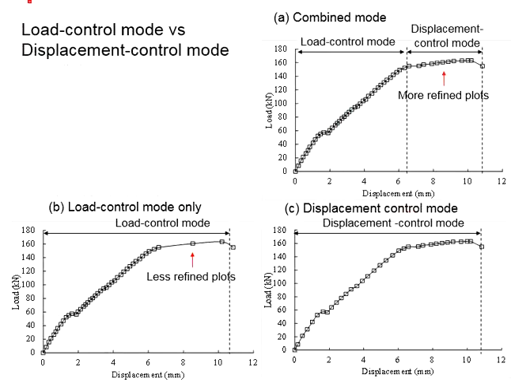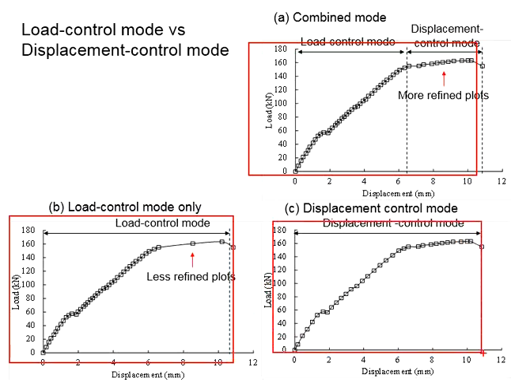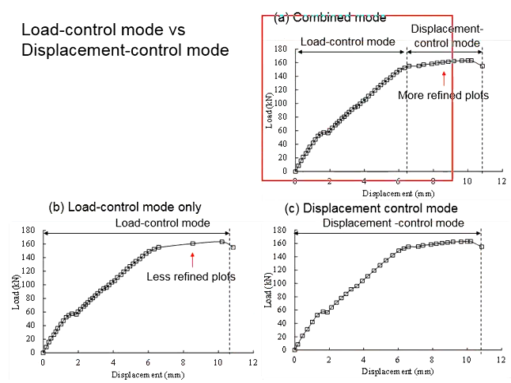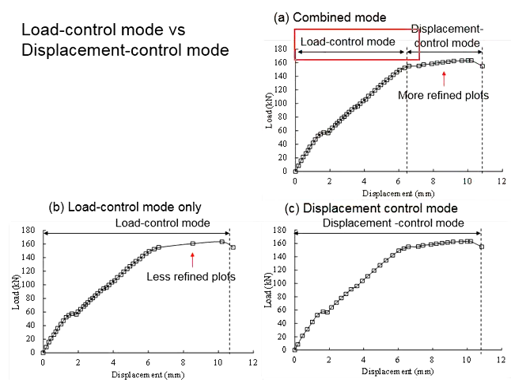This slide compares the different modes that you use during the testing, which will affect the load displacement curve. The first method here is a combined mode, where you start with the load control mode and followed by the displacement control mode. Normally at the early stage, the displacement develops slowly, and then at the later stage, the displacement increases rapidly.